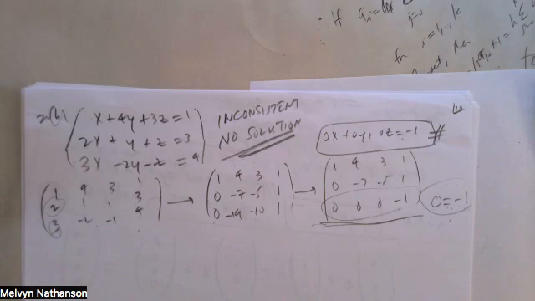That's what an algorithm is. You apply elementary row operations: multiply rows by scalars, interchange two rows, add a multiple of one row to another, and you will always, 100% of the time, get the solution.